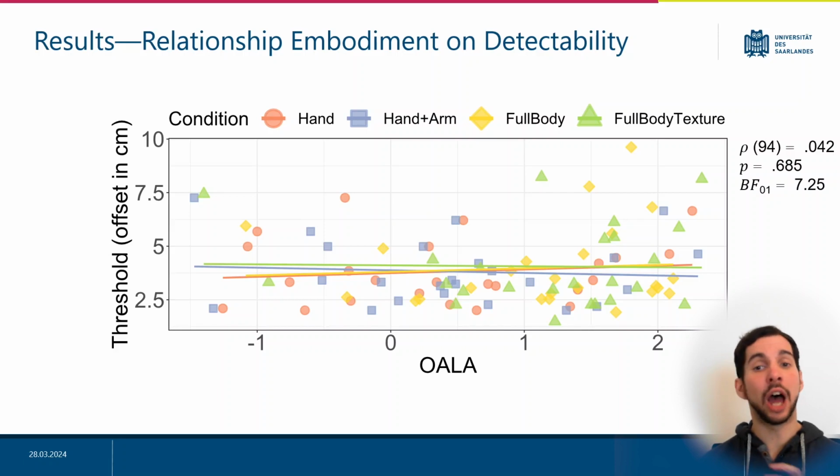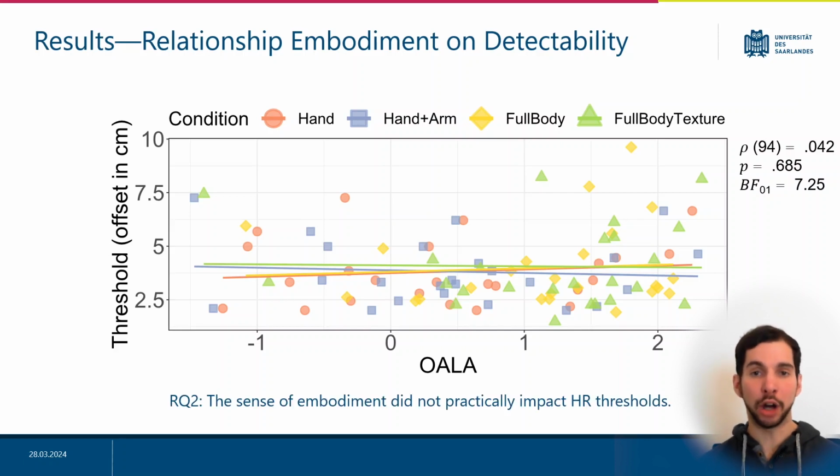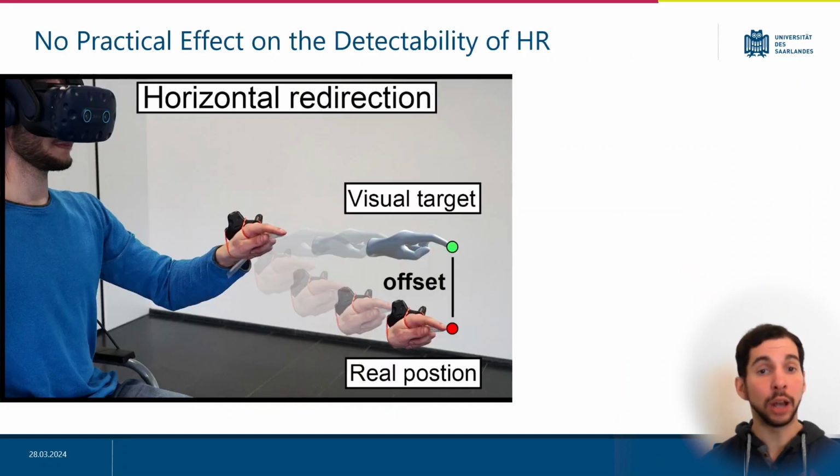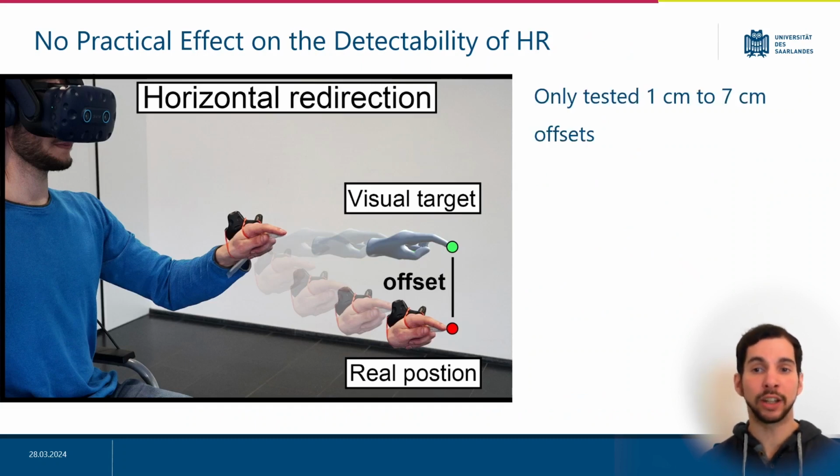Thus, we conclude that in our study, the sense of embodiment did not have a practically relevant effect on the hand redirection thresholds. And why did I say practically relevant effect? Well, we only tested offsets that would allow designers to create tangible effects, for example, triggering haptic sensations.